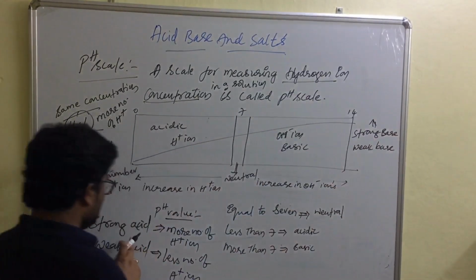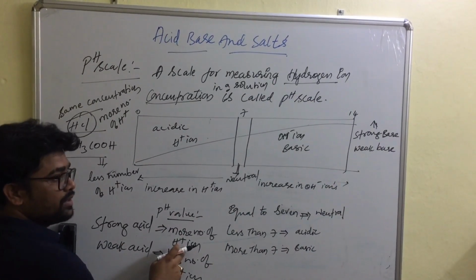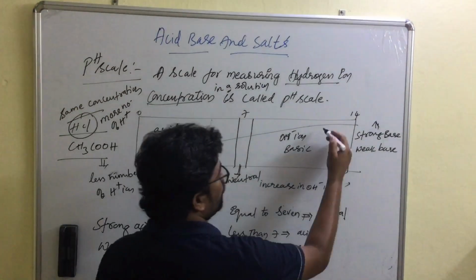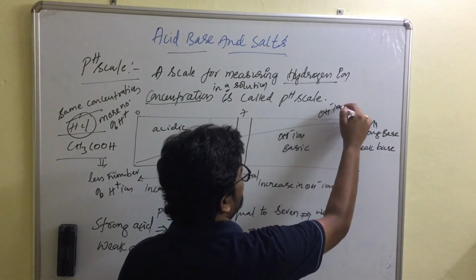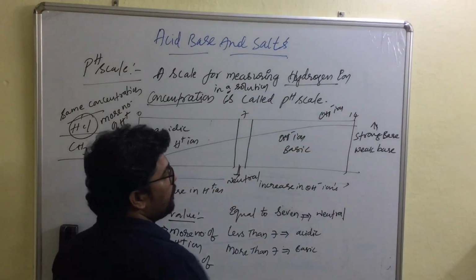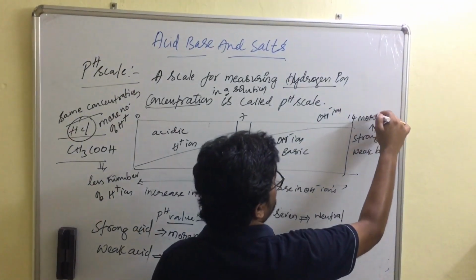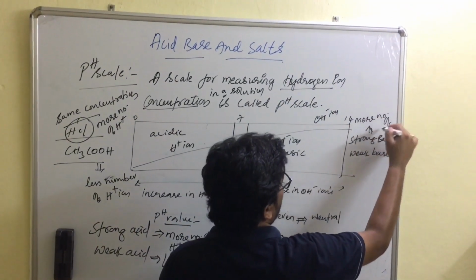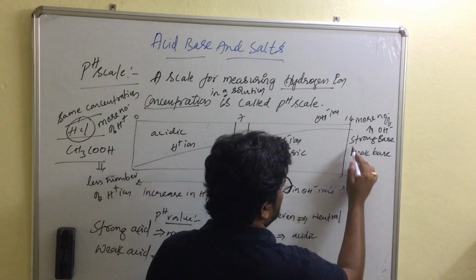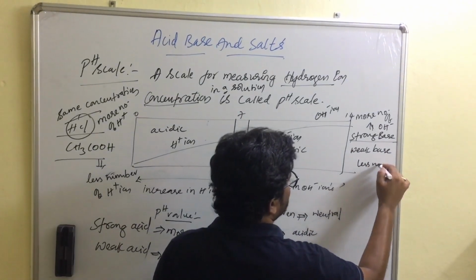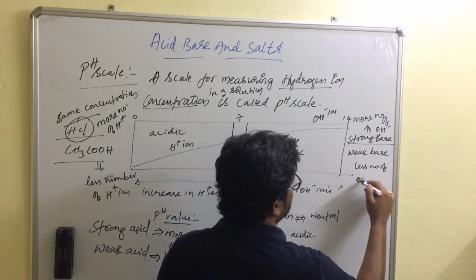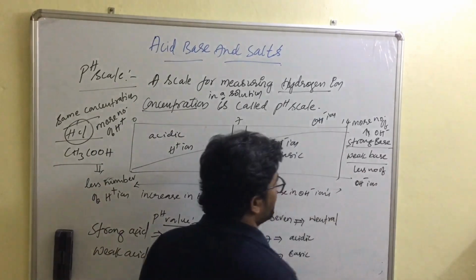In acids we decide based on H+ ions; in bases we have OH- ion concentrations. If there are more OH- ions, they are strong bases; fewer OH- ions are called weak bases.